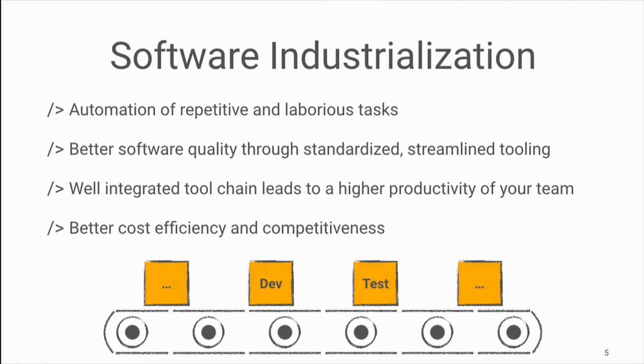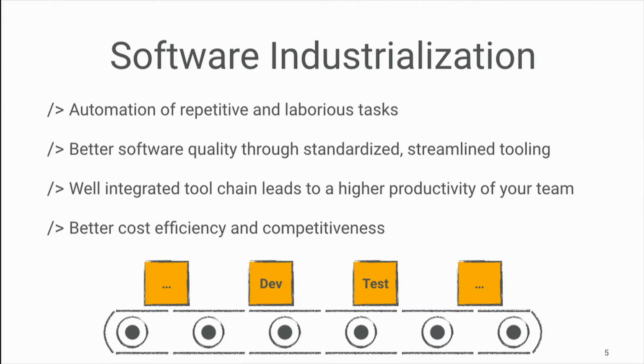It's about producing higher quality products and higher quality projects. It's about the automation of repetitive and laborious tasks. You don't want to do them all the time. You want to be efficient. You want to get rid of those. You want to concentrate as a developer on producing the actual product and not doing all those boring tasks.